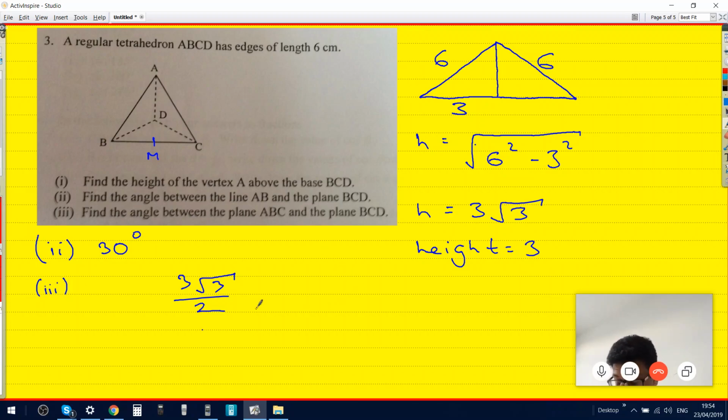And can that be simplified? Yeah. So you've got tan x equals 6 over 3√3, which is the same as 2/√3. So x equals tan to the minus 1 of 2/√3.